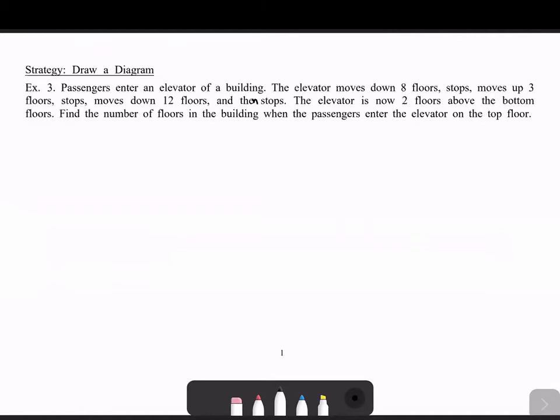And we want to just kind of get a scope of this building. What does it look like? How many floors are there if the passengers enter on the top floor? It's kind of a lot of words, and it's okay to be overwhelmed by them. So let's draw a picture, right? That seems natural to me to say what's happening with all this down and up motion.